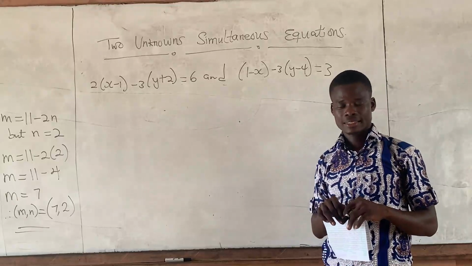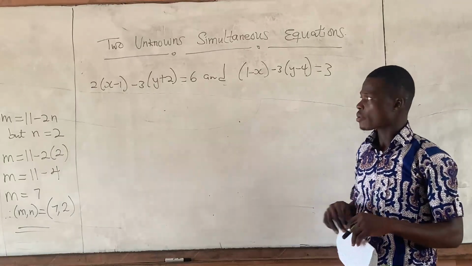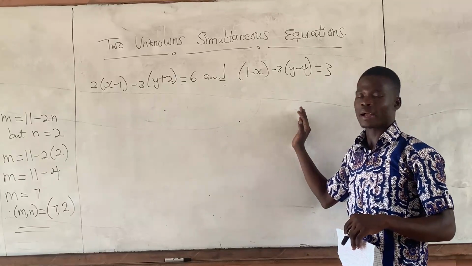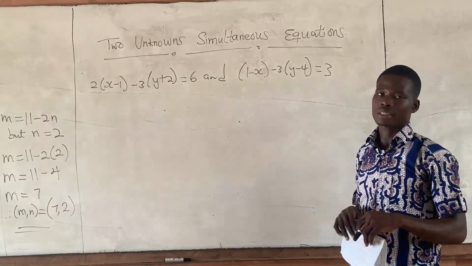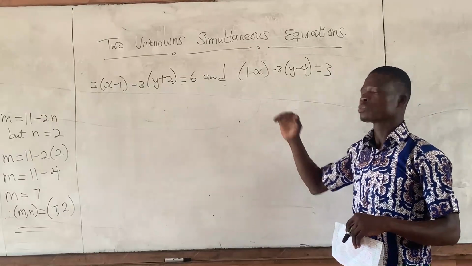Now you see that these equations involve brackets. So before we can move on to solve for our x and y values, we have to take our time and expand and simplify these two equations.